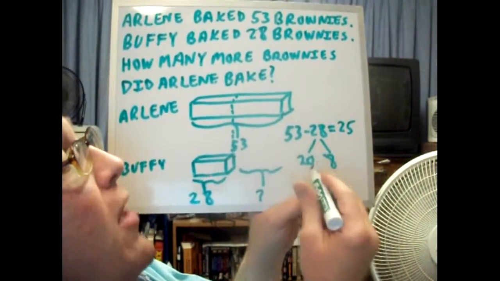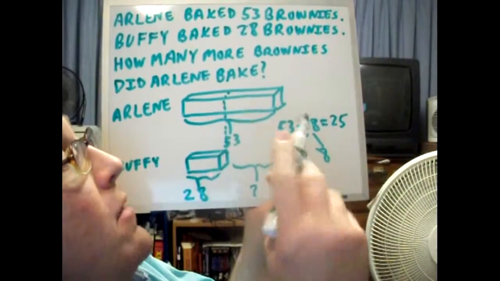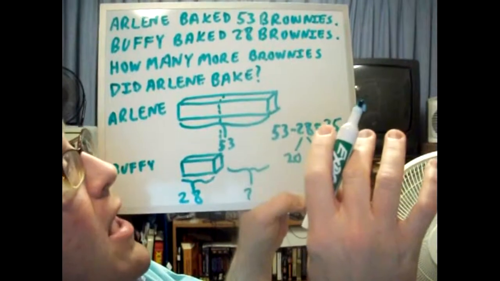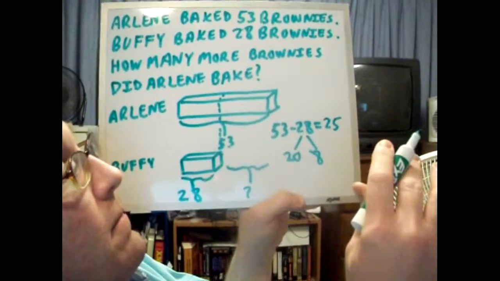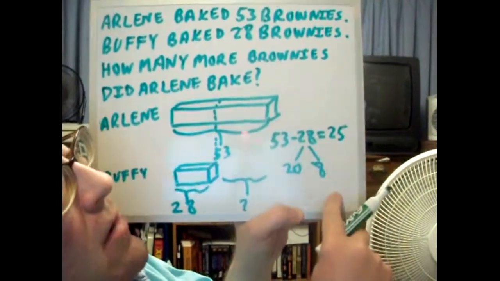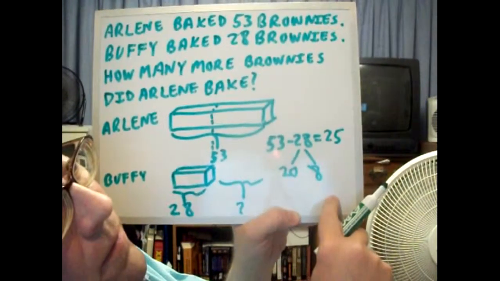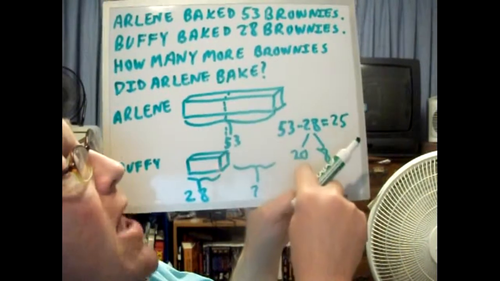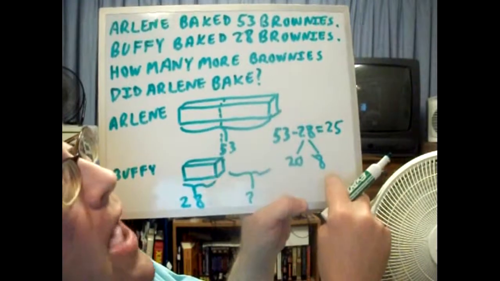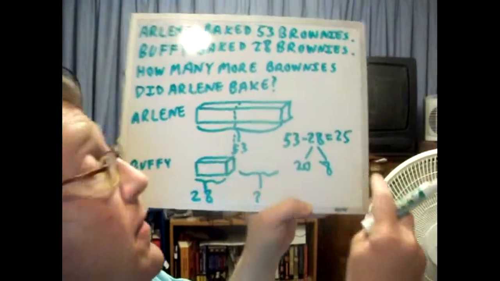Well, 53 minus 20 is 33. Now, if you subtract the 8 more off of that, it's going to be 25. 53 minus 20 is 33, and subtract 8 more off of that, and you get 25.